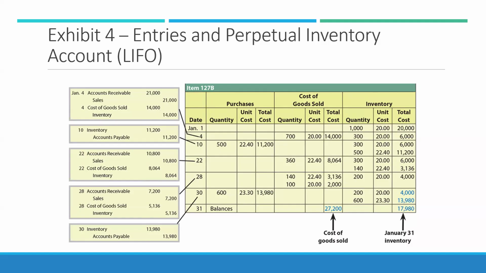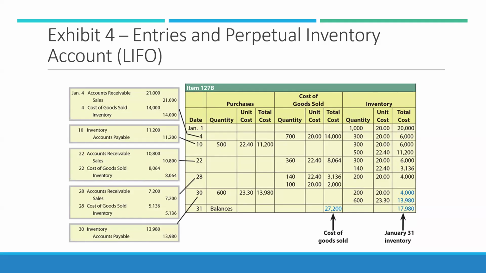But since the 500 in inventory that we purchased on the 10th was all sold between these two sales, the middle of the month bucket of inventory is no longer there, because under the perpetual method, we're recording as we go. That middle inventory is no longer there, so that will not appear on the ending. We'll only have the 200 of the beginning and then the 600 of ending.